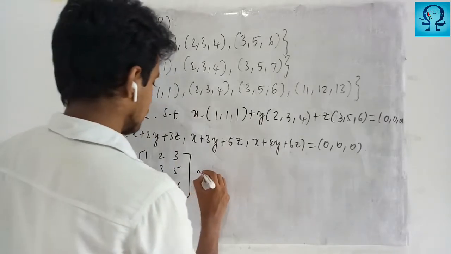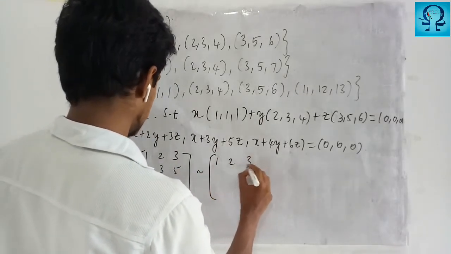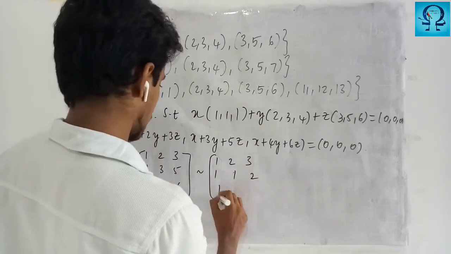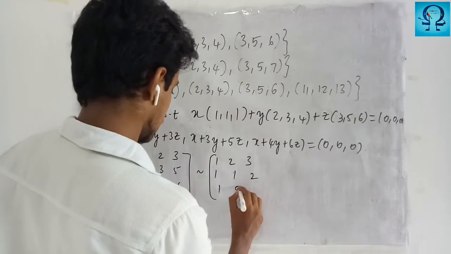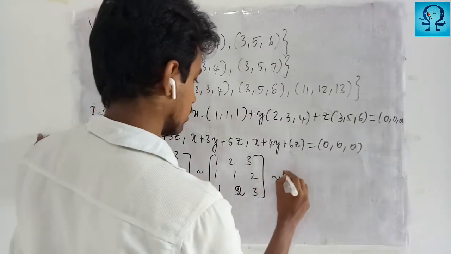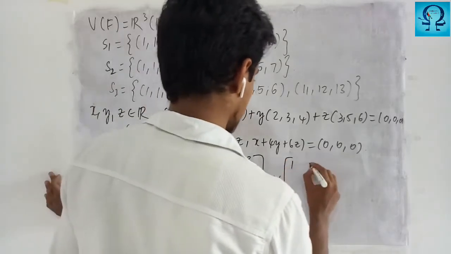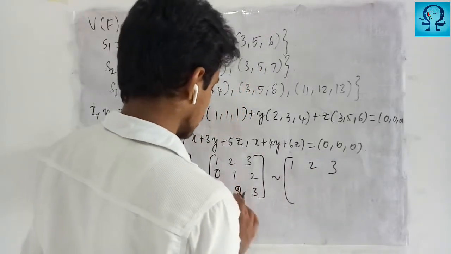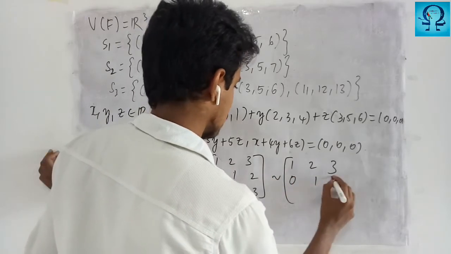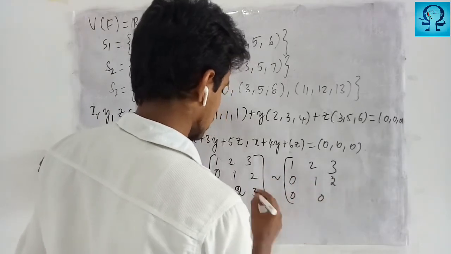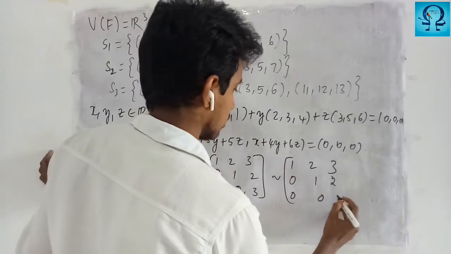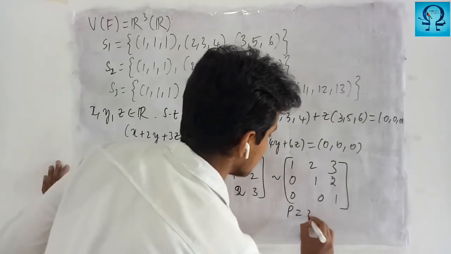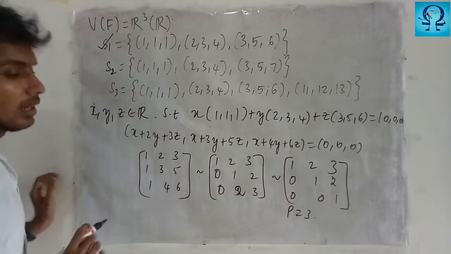So this matrix is equivalent to the one with rows 1, 2, 3, then 0, 1, 2, then 0, 0, and 4 minus 3, which is going to be 1. Right? Here the rank is 3. Therefore, it is a linearly independent set.